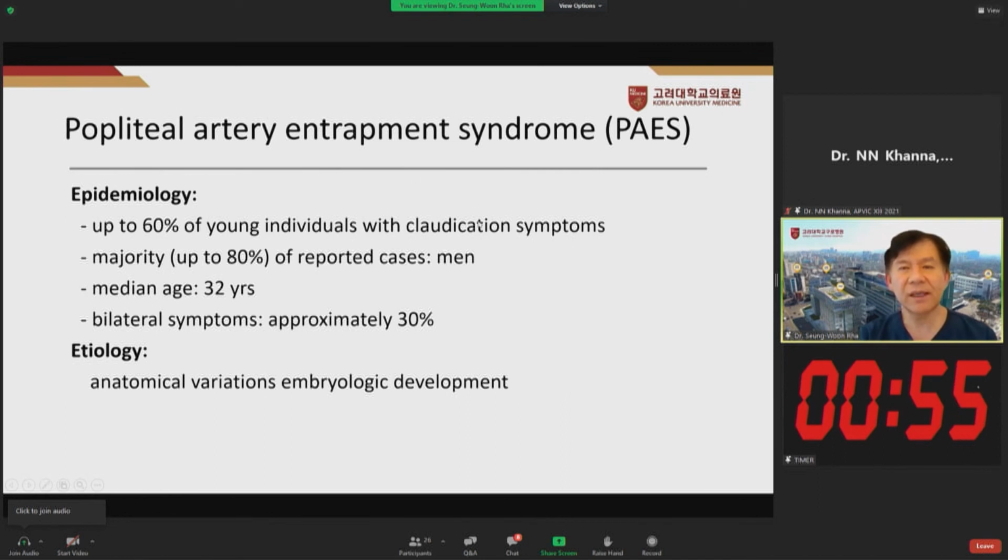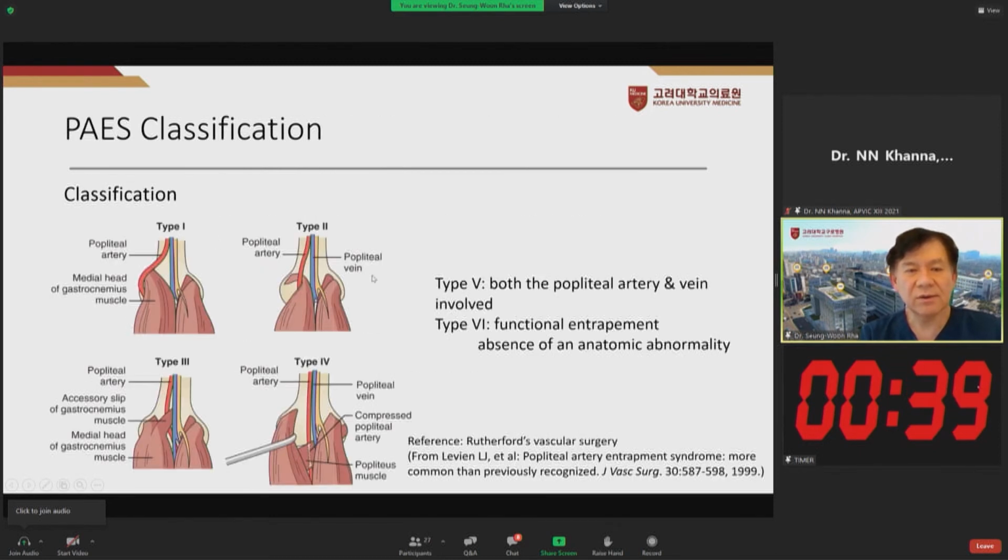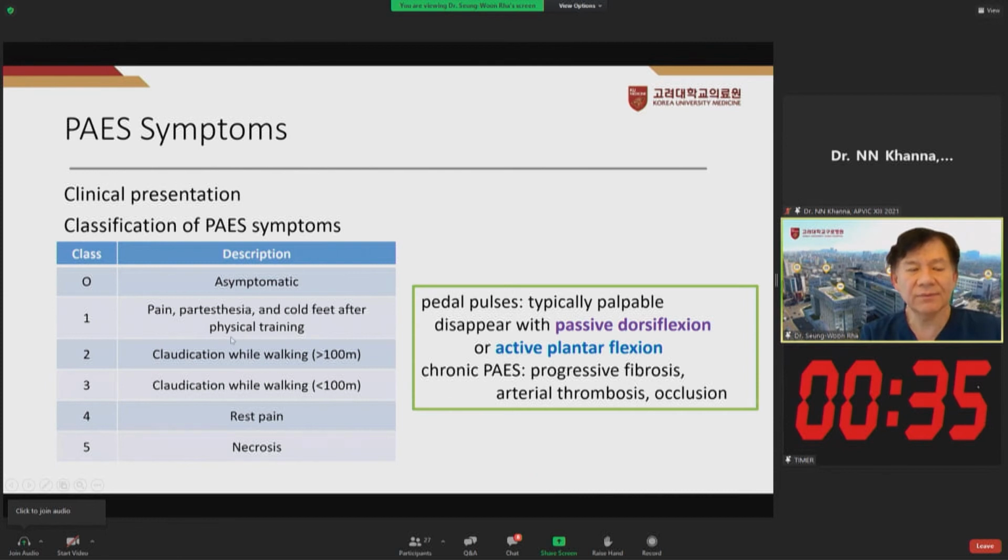For PAES etiology, the median age is very young, and bilateral symptoms are less than 30%, less than 50%. We should think over this epidemiology. This is an embryonic development variation, and there are 4 different classifications. For symptoms, we have a classification from 0 to 5, from asymptomatic to necrosis.